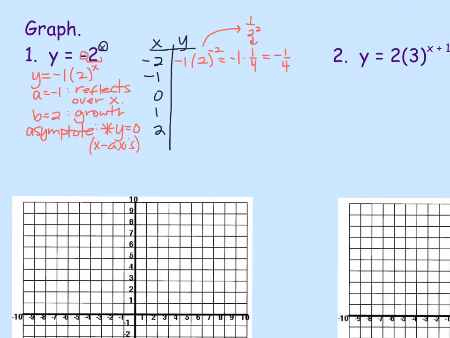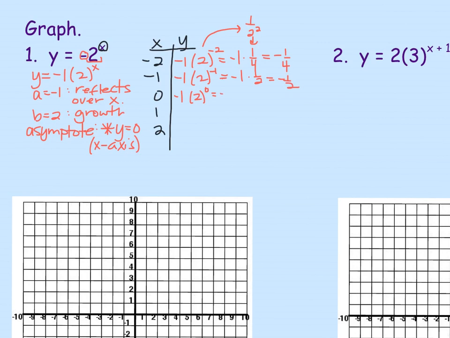All right, next one, negative 1. If I plug in negative 1 times 2 to the negative 1 power, that's going to be negative 1 times 1/2, which is just negative 1/2. 0 is a nice one to work with. When we apply our 0 exponent rule, remember anything to the 0 power is 1.